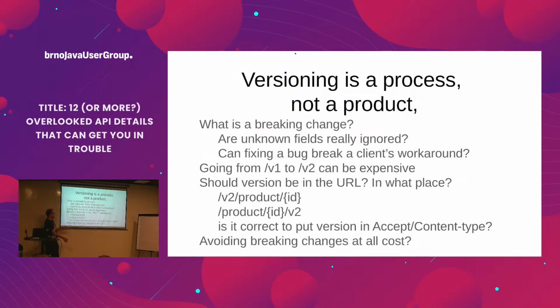Then there are some approaches using headers, even the standard ones like Accept. Again, there are people who say this is not right because if you define a content type, you should go to some world standard body and register your content type. I don't know, maybe it doesn't have to be so perfect.